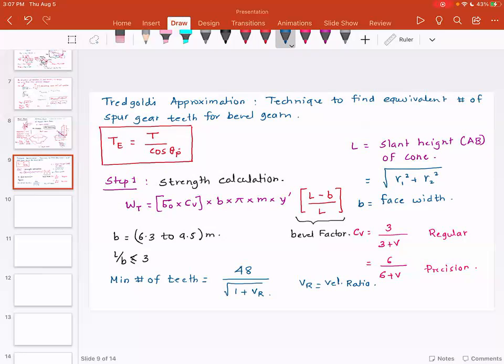Once we know the velocity ratio, we can find out the minimum number of teeth. And once we know that, the same relationship, pitch circle diameter D is equal to number of teeth multiplied by module, can be used, and then we would use the strength calculation equation and find out the module. So when we substitute, all said and done, from step 1, you will obtain the module.